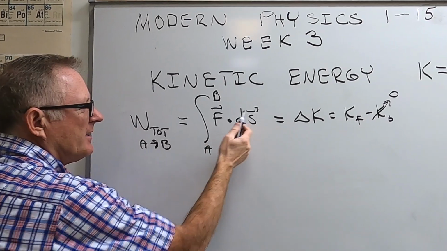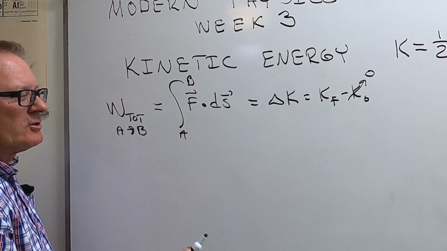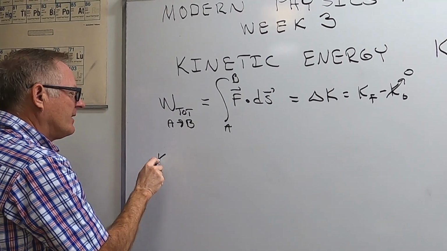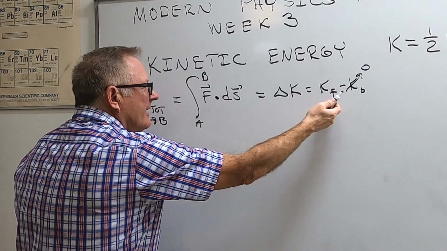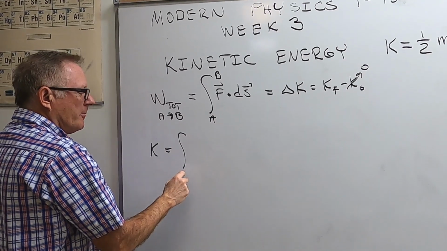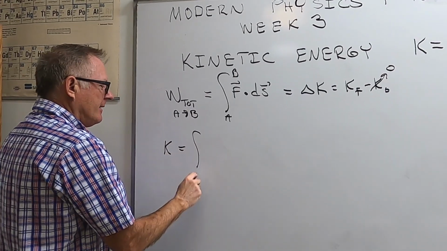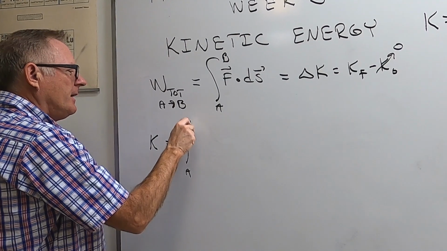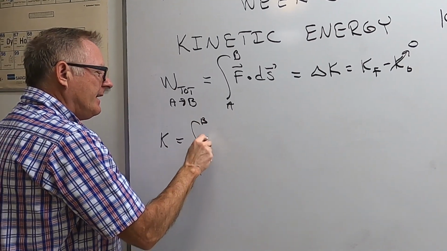So that would mean when we take the dot product, the cosine of 0 is 1. And so this final kinetic energy, or just K, is just the integral from the beginning spot to the end spot, A to B of F ds.